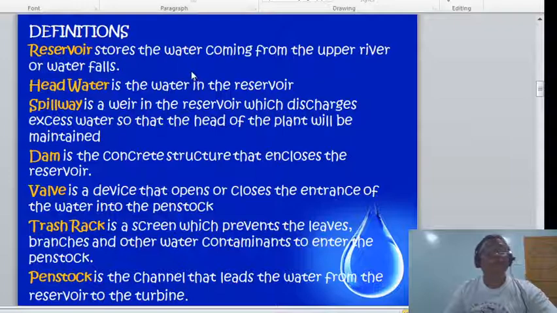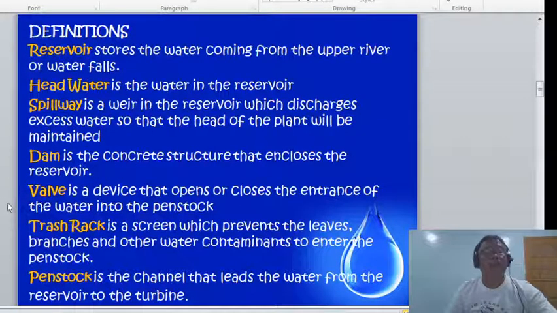The spillway discharges excess water in the reservoir so that the head of the plant will be maintained. The dam is a concrete structure that encloses the reservoir. The valve is a device that opens or closes the entrance of the water into the penstock.